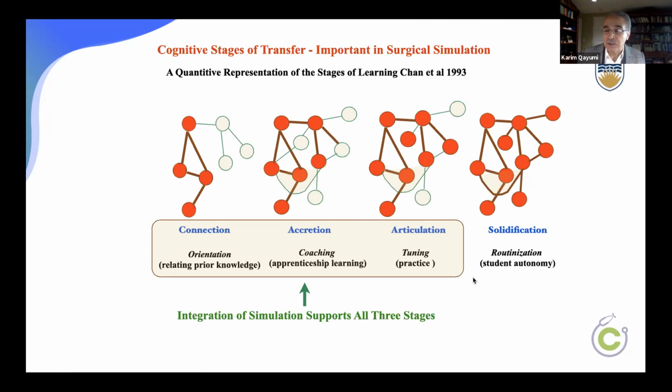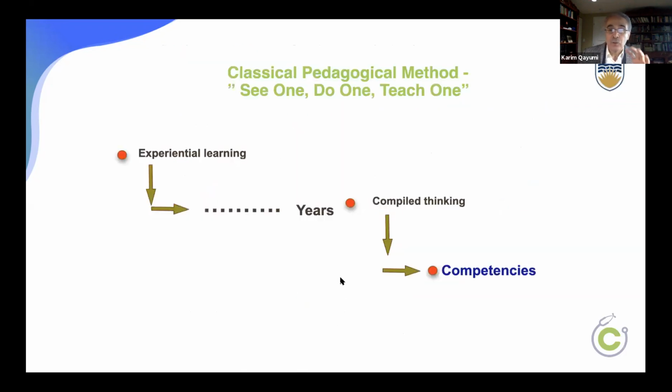So what is the role of simulation here? All these three levels of development with simulation can be done much faster, particularly in clinical education. If you go back to the classical pedagogical method of see one, do one, teach one, experiential learning would take a long time of repetition, for years, for you to gain compiled thinking and to become a competent physician.